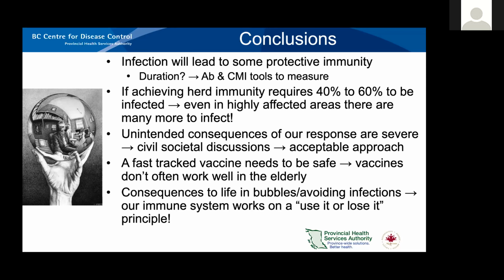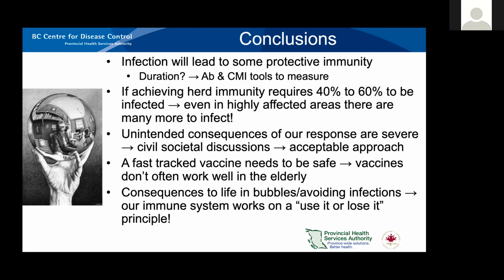A fast-track vaccine needs to be safe, and the reality is that's going to take time. And vaccines don't often work well in the elderly, and they're the people who are most affected in terms of a bad outcome.